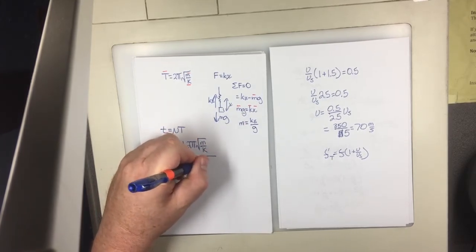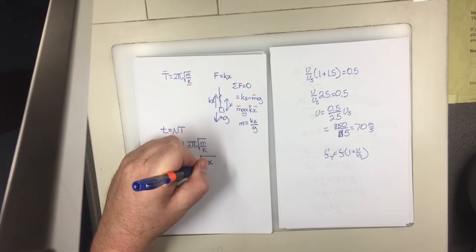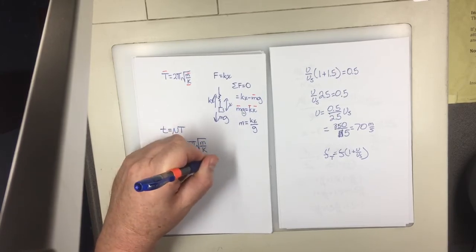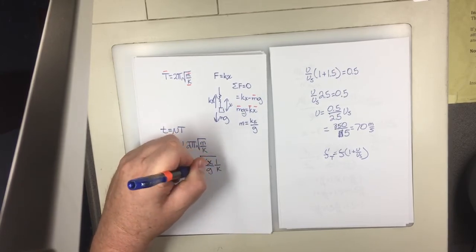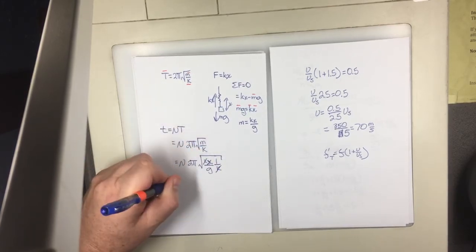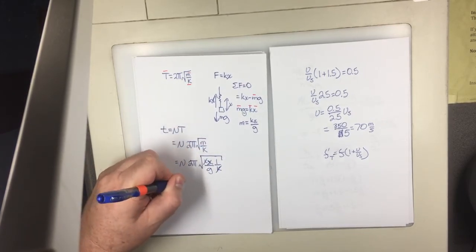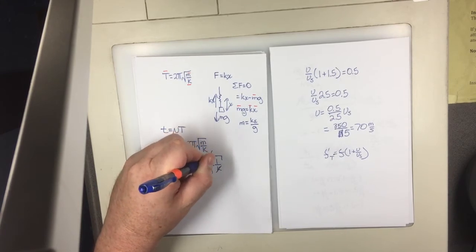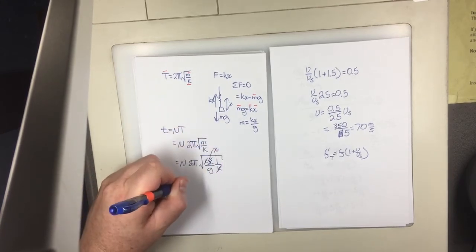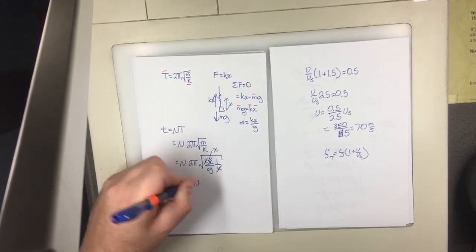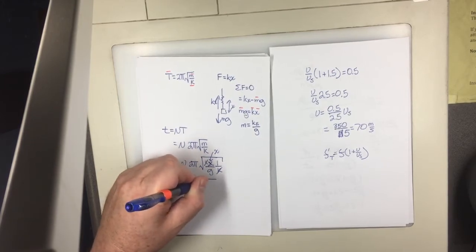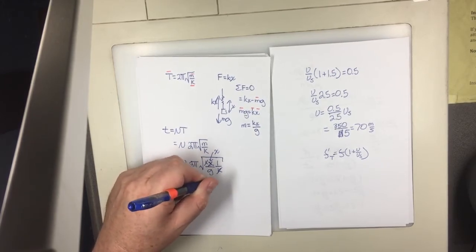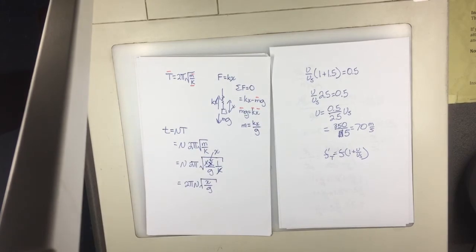M is kx over g times 1 over k. Those k's cancel, and I'm left with, that's an x right there, a mutant x. This is 2 pi n square root of x over g. I do have x, I do have g, I do have the number of oscillations, so I can find the time.